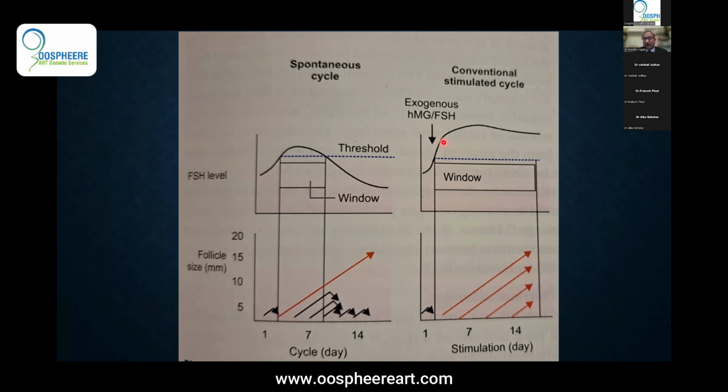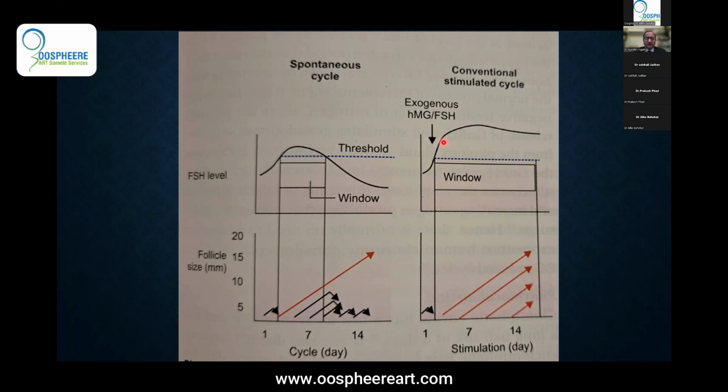When it comes to recombinant FSH, how should you decide the dose? Whenever you want to use 300 HMG, it is better to use recombinant 200. So HMG 300 is equal to 200 of recombinant FSH, and you will get a similar effect. If you want to use HMG 150, the recombinant dose should be only 100 IU.